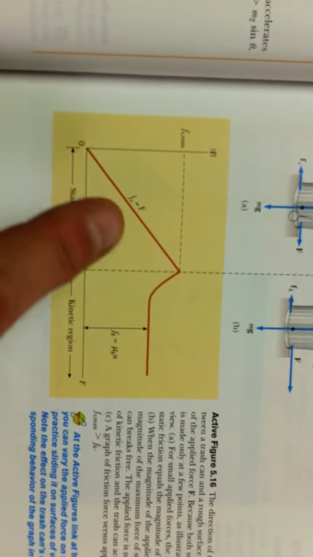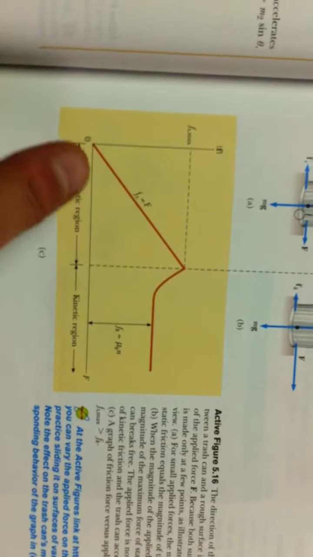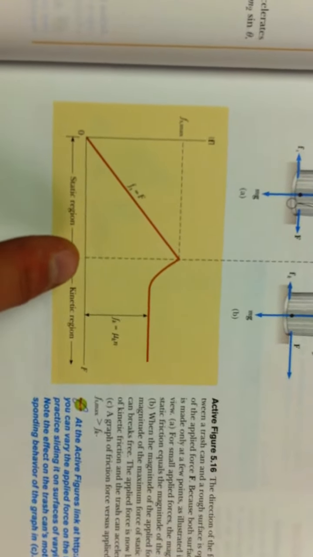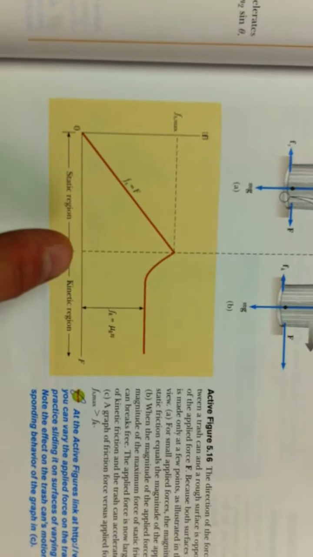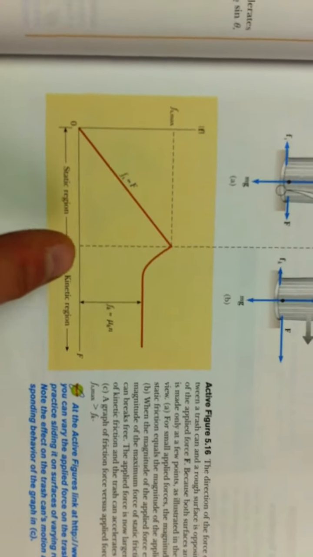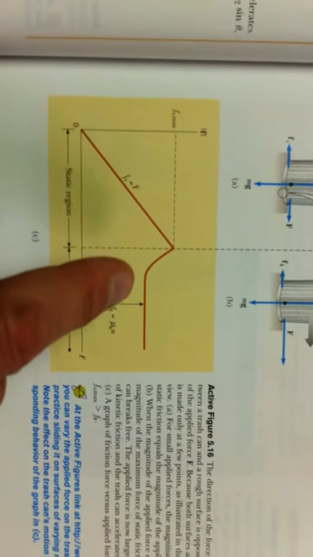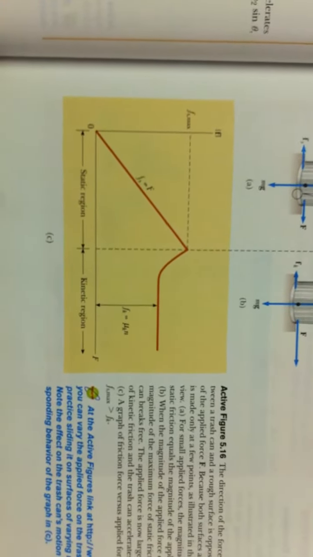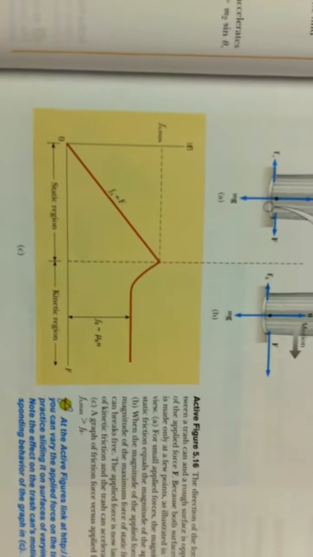This graph shows the variable nature of the static friction force. Then when the force is reached that finally breaks the two objects apart and begins one sliding over the other, the friction force goes down to a lower level, which is the level of the coefficient of kinetic friction.